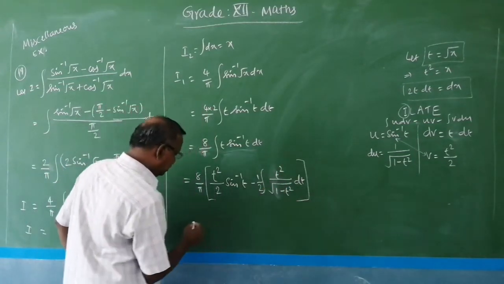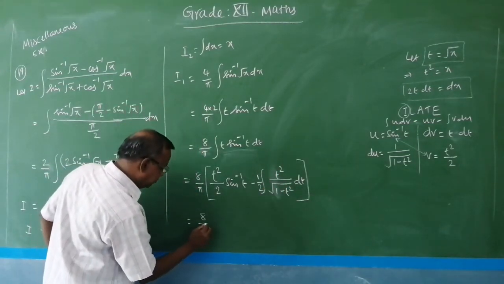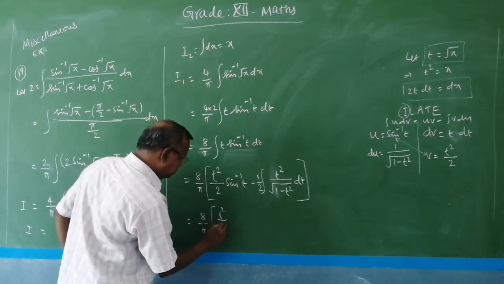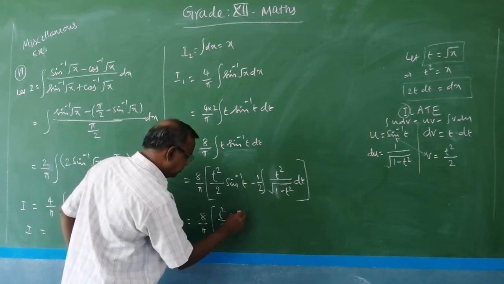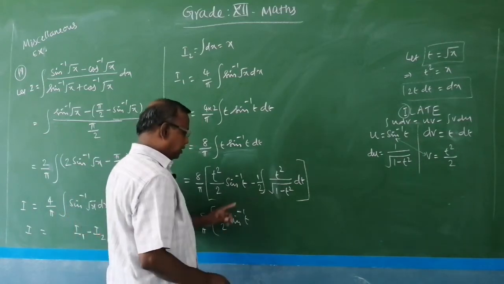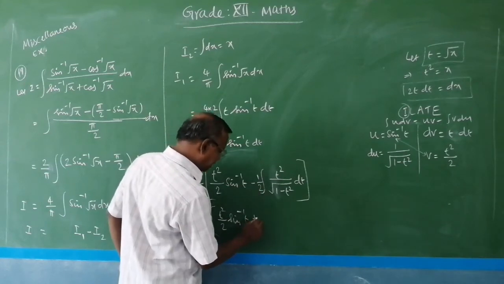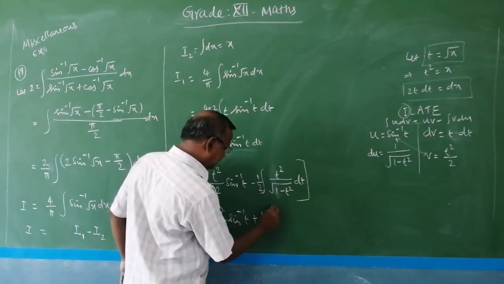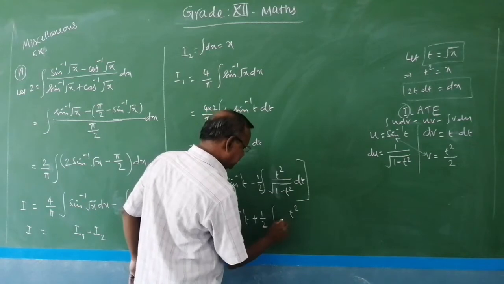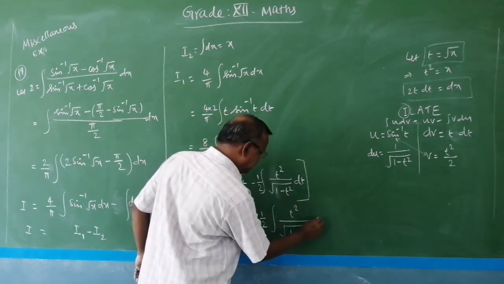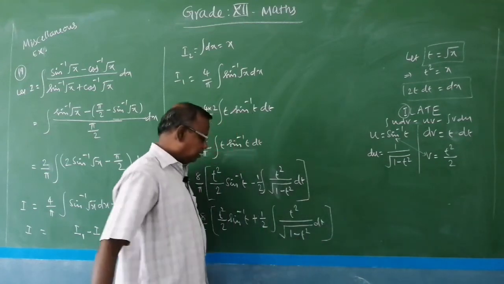Now this is equal to 8 by pi into t square by 2 into sin inverse of t. So give the minus to the t square, and we can put plus here, plus 1 by 2 into the integral of t square divided by root of 1 minus t square into dt.